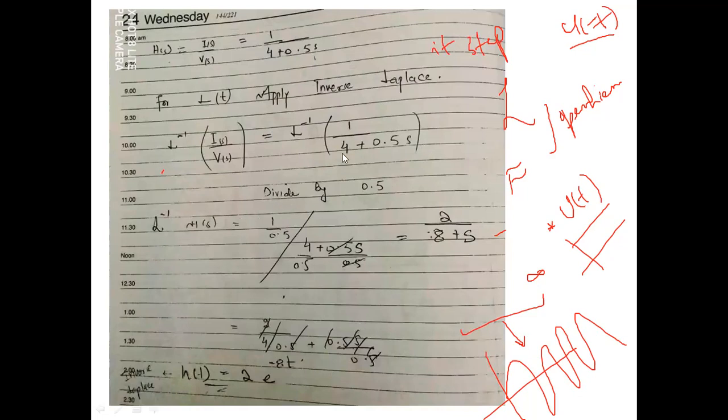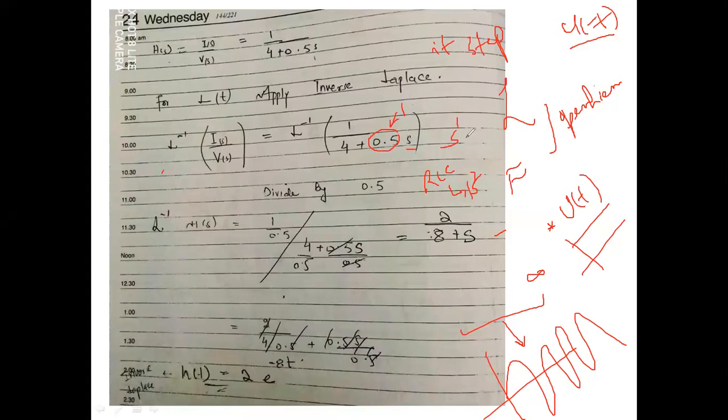Okay, now remember that for inverse Laplace, you have to make the coefficient of the highest term of s equal to 1. In this case, the highest term of the function is s power 1. In an RLC circuit, where we have two energy elements, the highest term will be s square, so the coefficient of s square must be 1.